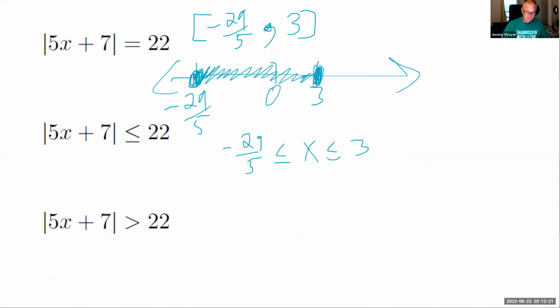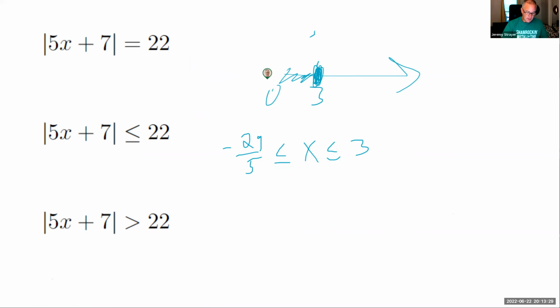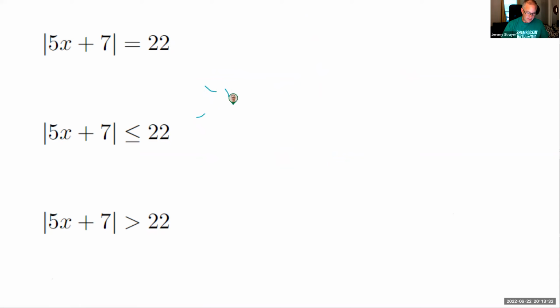We've kind of already done the algebra, but let's go ahead and flesh it all out. So 5x plus 7 could be greater than 22. That means 5x is going to be greater than, subtract 7 from both sides, 15.